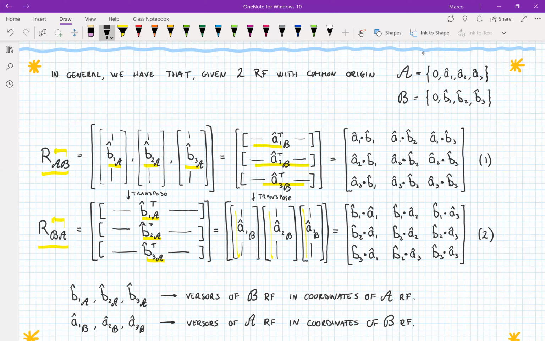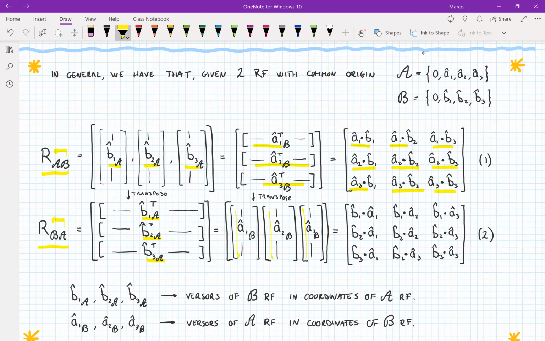Otherwise, the more general form would be to compute the 9 inner products, as I reminded you earlier. A1 inner product B1, and so on and so forth, all the way to A3 inner product B3.